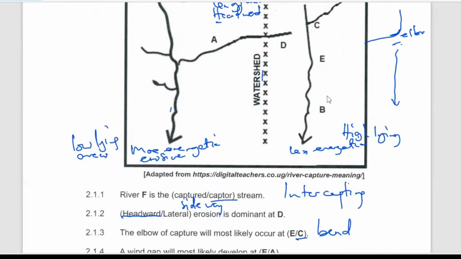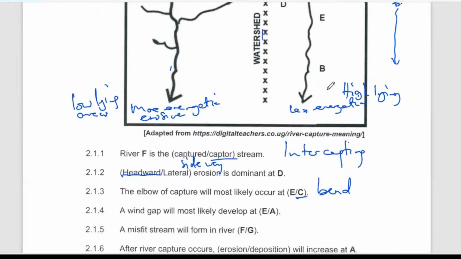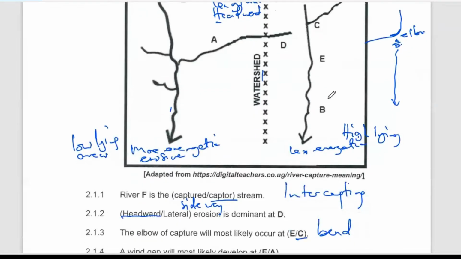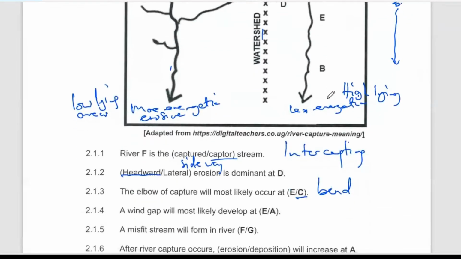The wind gap is going to occur here between the two. So using this information, where is our wind gap to develop? It is going to develop around E here. This becomes the misfit, and around E becomes the wind gap. So our response for the wind gap is response E.